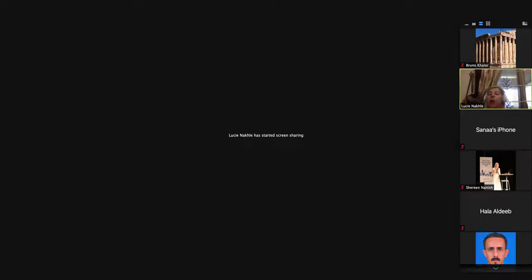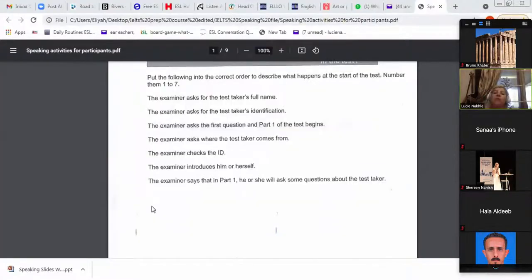Okay, guys. Now, I know most of you have sat for the test before and are familiar with what happens when you enter the room and the candidate is there and the examiner is there. But for example, for Sari and other people who are new to IELTS, I'd like them to be familiar with what happens when they enter the room. So here are some of the things that happen when the test is about to start, but they're not in order.